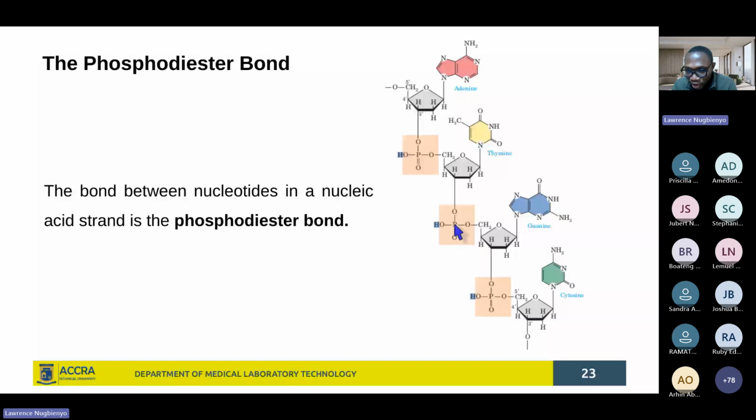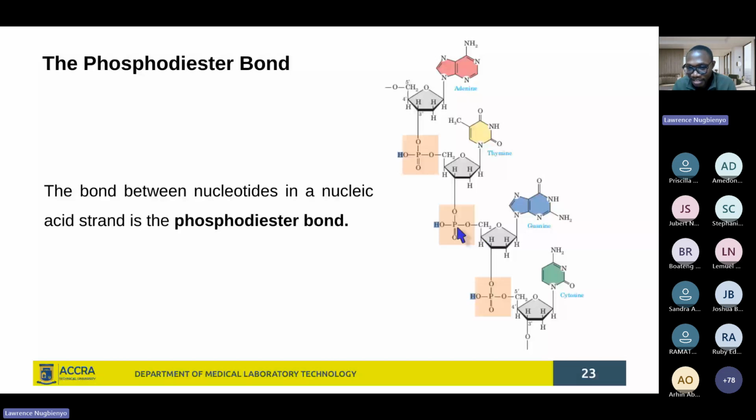So in place of that phosphorus atom, you have a carbon on which you have a double bond oxygen, and that carbon will bind to an oxygen, and the oxygen will bind to another carbon. That group is called an ester. But when you replace that carbon with phosphorus, then you now have a phosphoester.